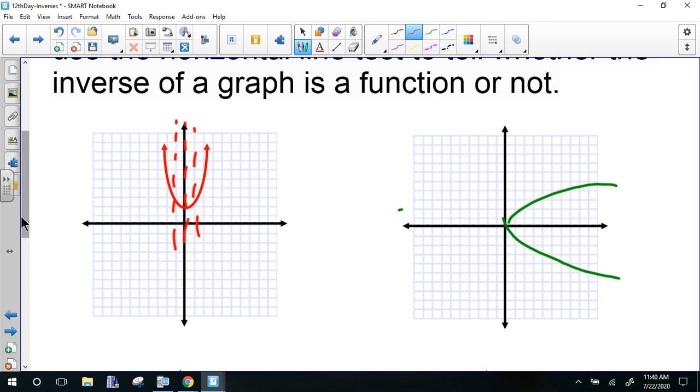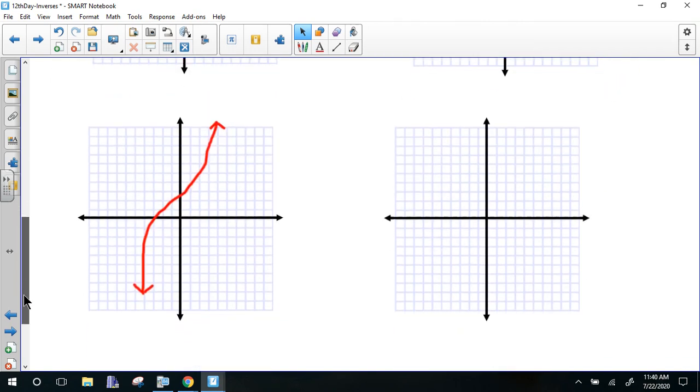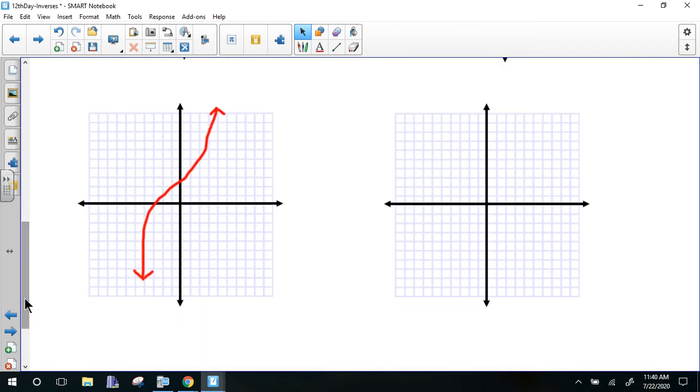Well, for the inverse, we use the horizontal line test. It passes the horizontal line test, so the inverse is a function. Same would go for x cubed.